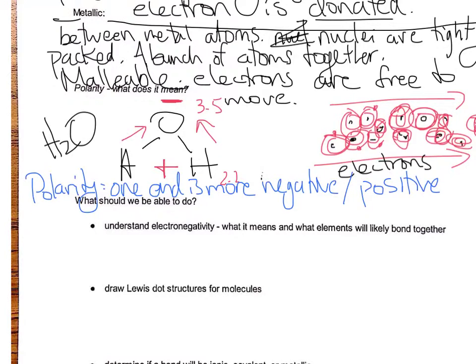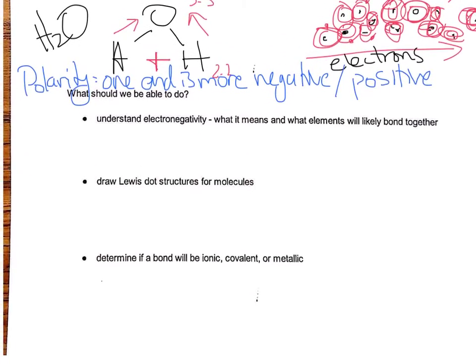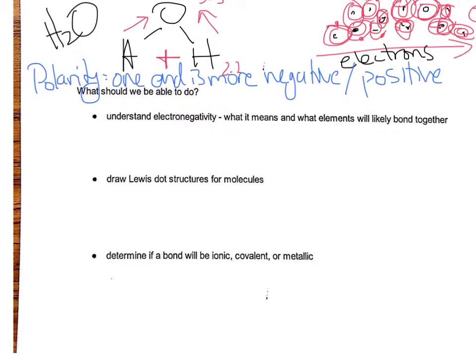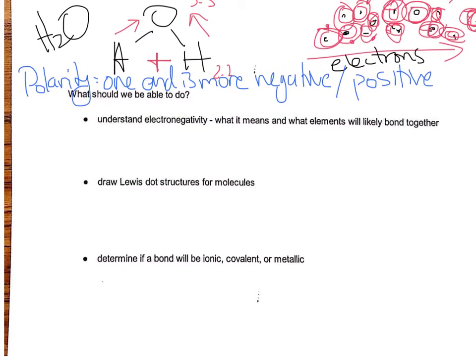Okay, so what should we be able to do? I know these are notes and we haven't practiced a lot, but in the ensuing lessons, we will be getting a greater understanding of electronegativity, what it means and what elements will likely bond together. We learned a little bit about that. We're going to do a lot more of this, drawing Lewis dot structures for molecules.